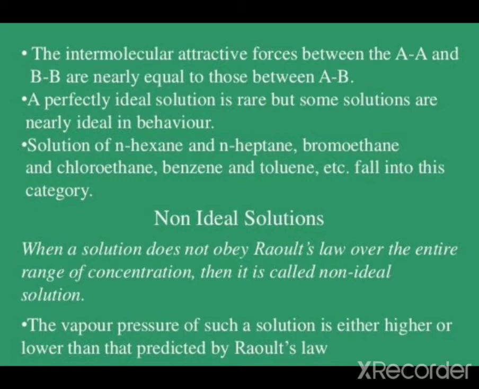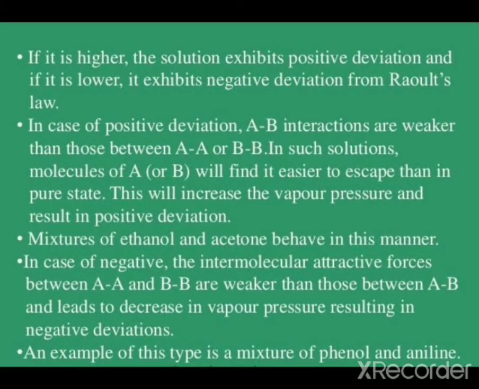And for such a non-ideal solution, the total vapor pressure, that is the vapor pressure of the solution, will be either higher or lower than that predicted by Raoult's law. Non-ideal solutions are of two types, those which exhibit positive deviation and those which exhibit negative deviation.